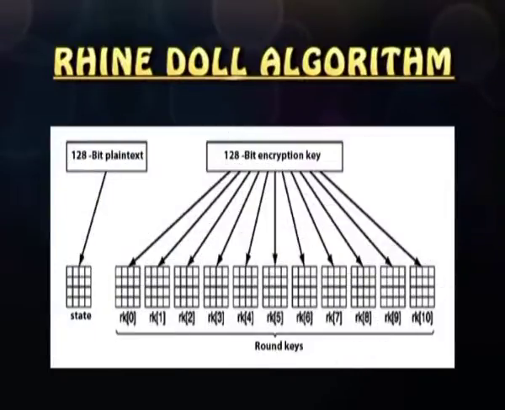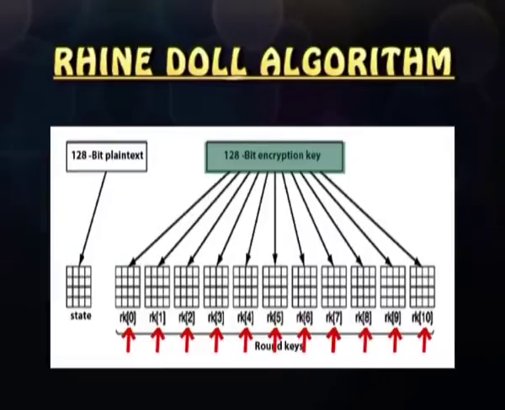However, unlike DES, all operations involve entire bytes to allow for efficient implementation in both hardware and software. An outline of the algorithm is given in figure. First of all, the 128-bit key is expanded into 11 states as a 4 byte by 4 byte matrix.